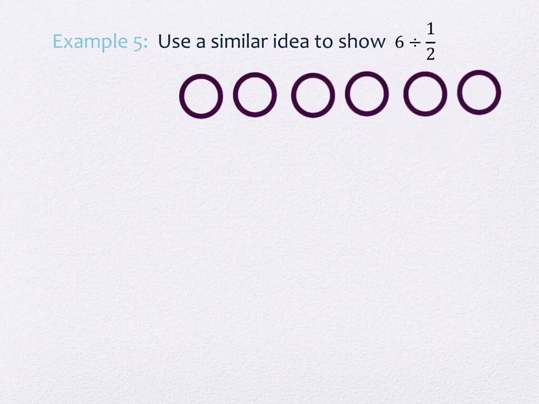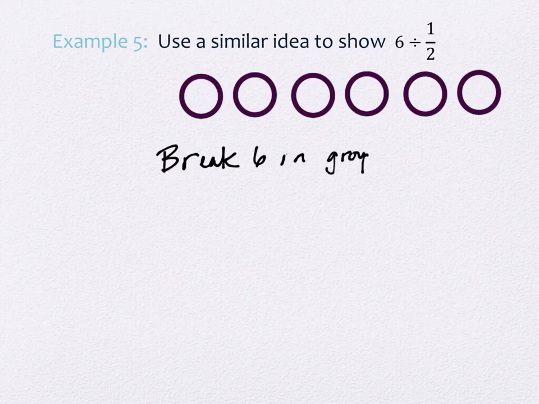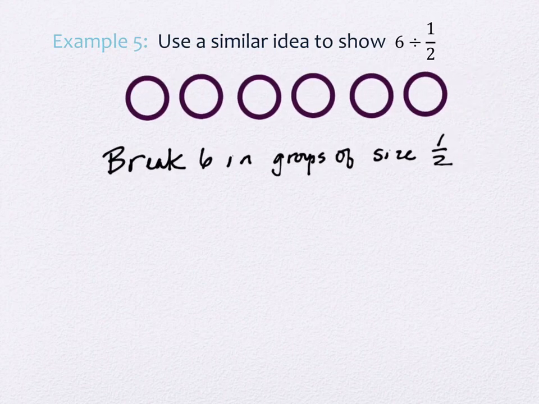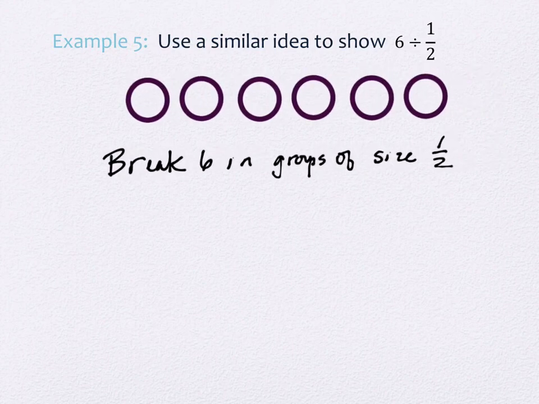And we're going to break 6 apart into groups of size 1/2. What's that mean? It means I need to cut my cookies in half, doesn't it?